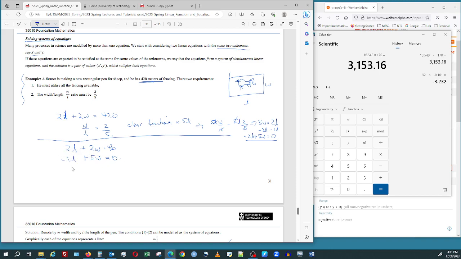So if we just add them together, row 1 plus row 2, we'll get 7W is equal to 420. Therefore, W will be equal to 420 divided by 7, which is 60. So the width is 60. Okay, 60 metres.